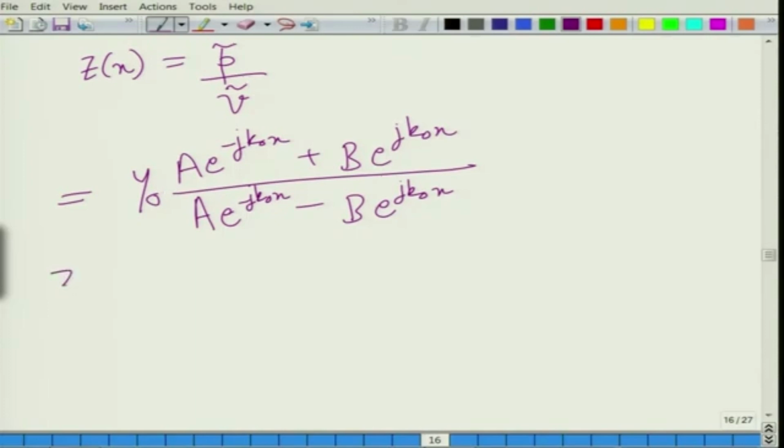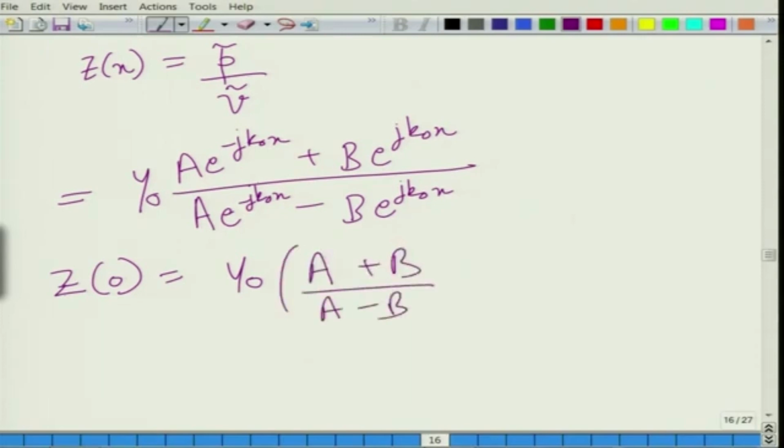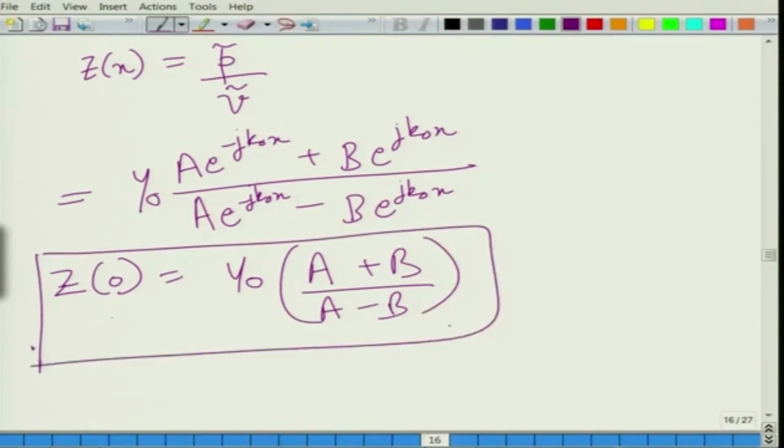So, Z at 0 is nothing but Y0 times (A plus B) divided by (A minus B). Keep this aside, we will derive some meaningful things.